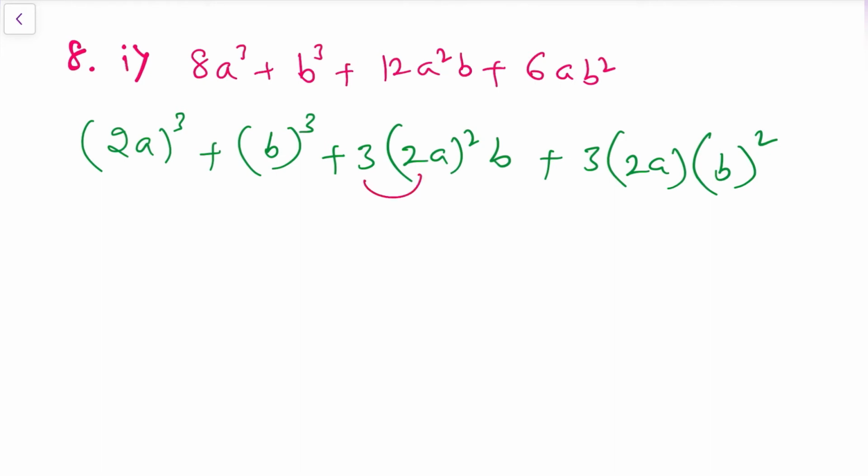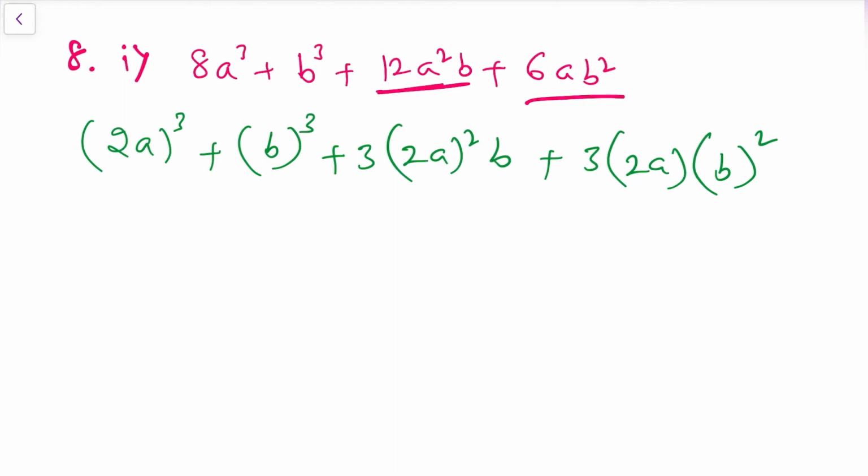If you observe, here 2a whole square is nothing but 4a square. So 3 fours are 12, 12a square b, of course that one only. 3 twos are 6, 6 into a into b square, 6ab square. So the given question I separated like this.